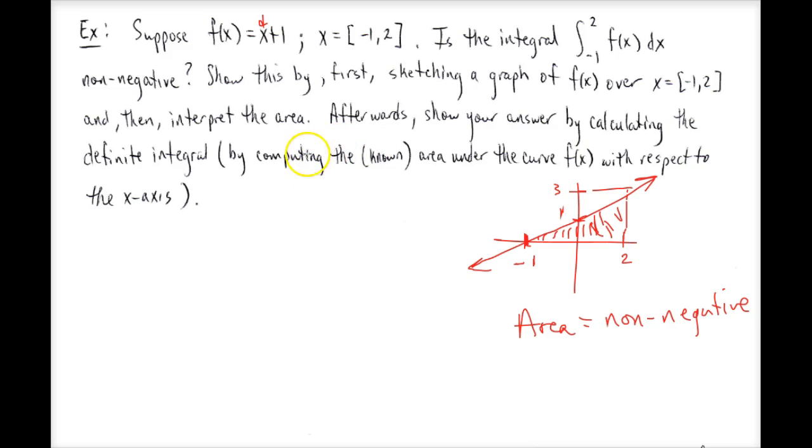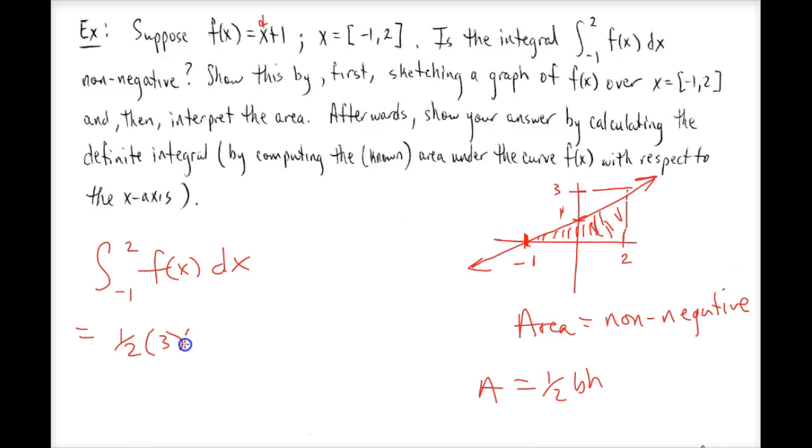And so now the area that we have here is just a right triangle. Okay? So now if we wanted to figure out what the integral from -1 to 2 of f of x dx would be, we would just look at this as a right triangle where the area is 1/2 the base times the height, where the base is the length from -1 to 2, which is 3, and the height, which would be from the x-axis up to what the value of f would be if x is 2, and that would be 3.